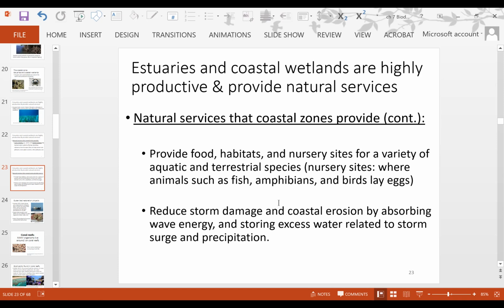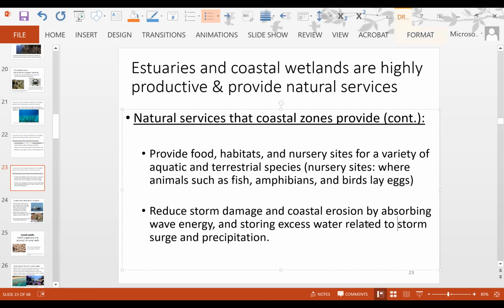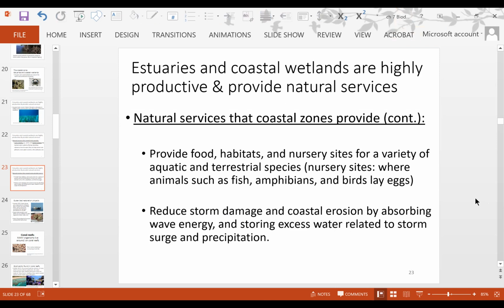And that helps protect land and buildings and civilization that's further inland. Now, storm surge is when you have the wind related to a storm that pushes water onto the land. So that is going to cause massive amounts of flooding.